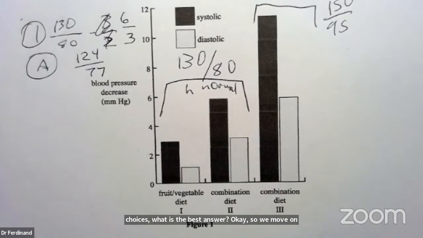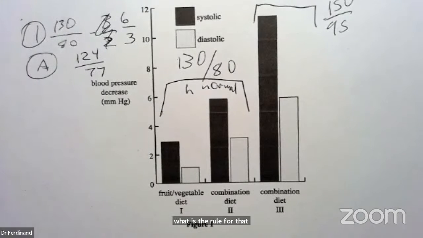Now, one of the things that is helpful, both in the humanities section and in the science section, is to take a moment, use your A4 scratch paper or your whiteboard, whichever one you're going to use, and write out what is the rule for that unit or passage. Sometimes this is helpful.